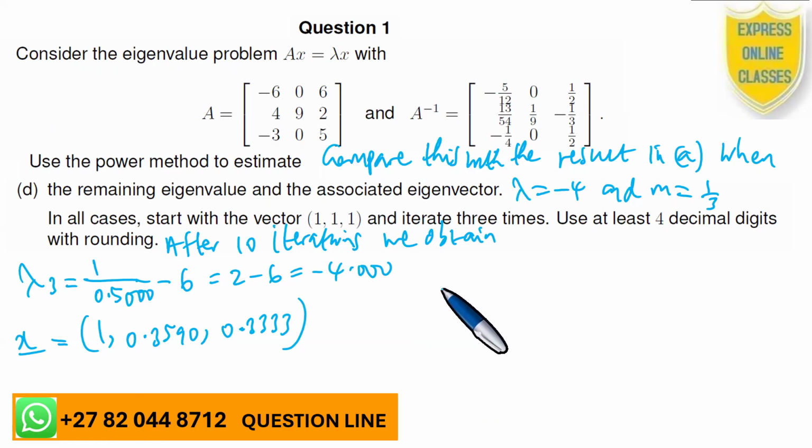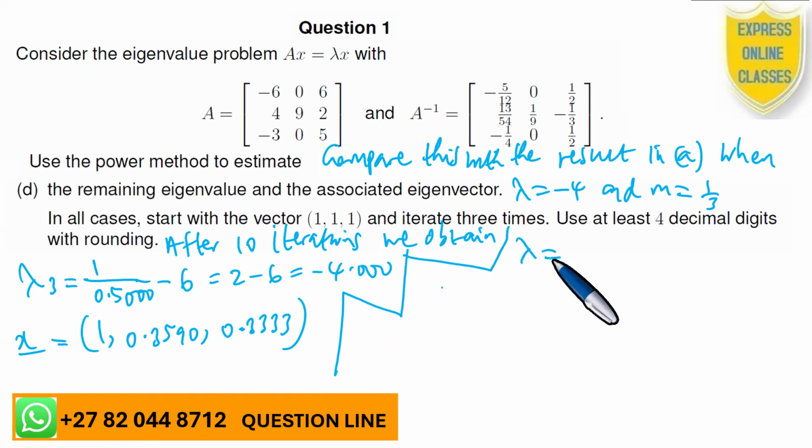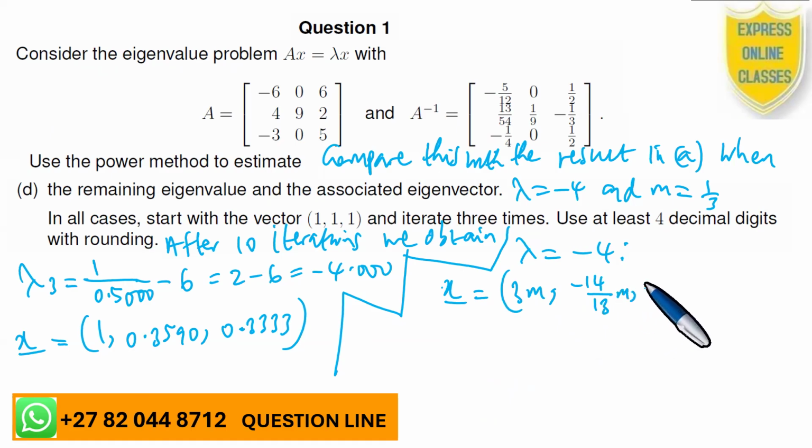So we then said for lambda equals -4, which is the 3m, minus 14/13 m.